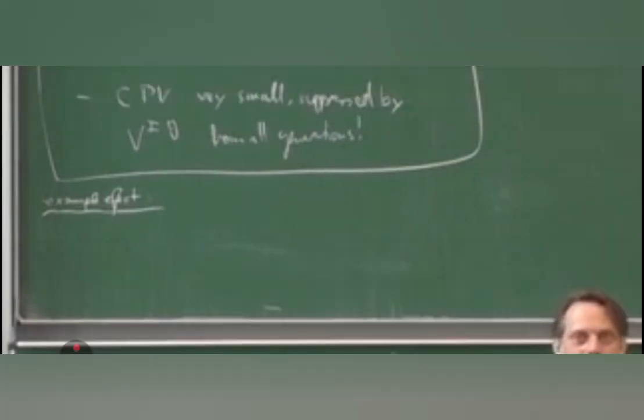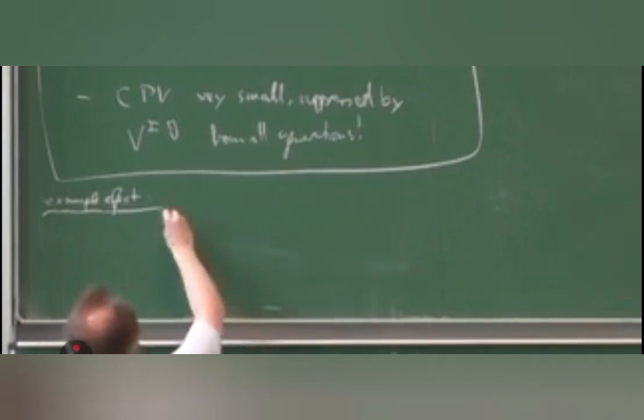Nowadays, CP violation has been measured in a large variety of observables. And let me give you an example which is particularly easy to understand. Some other examples which are measured and which are important are a little bit more complicated. But here is a simple one.